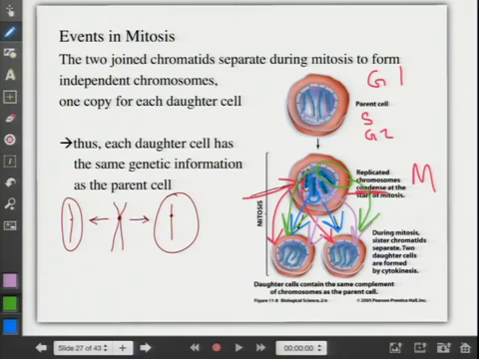Because we want the correct chromosomes to go to each cell. We don't want two sisters to go to one cell and no sisters of another chromosome to go there, because then it's a mutant. And if that happens, the cell at the end, before cytokinesis, essentially checkpoints and says, okay, this is messed up, and you need to kill yourself.